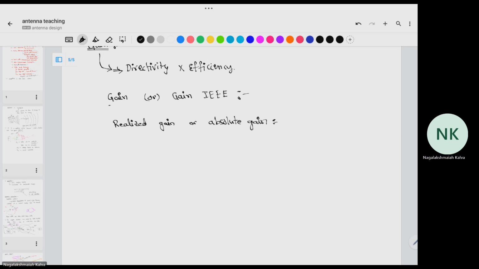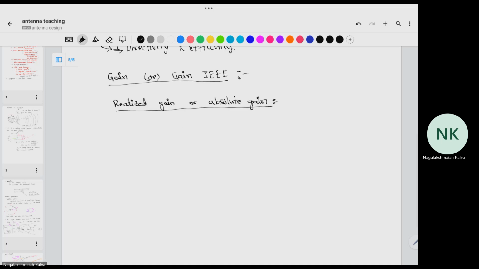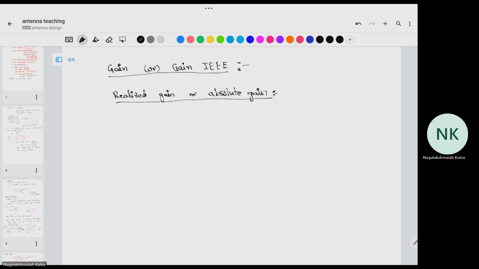Here the term gain is defined as directivity multiplied by efficiency due to conductor and dielectric efficiency.